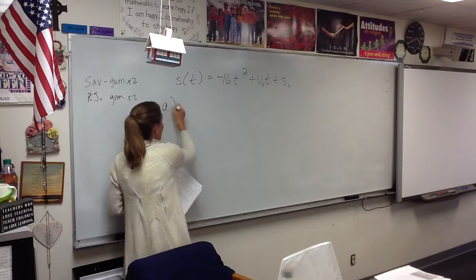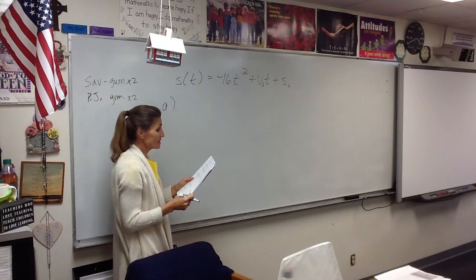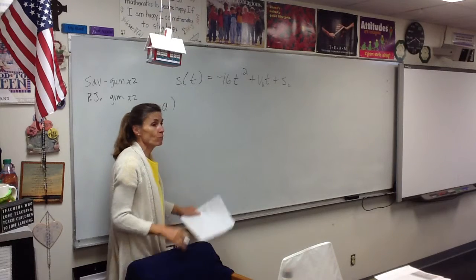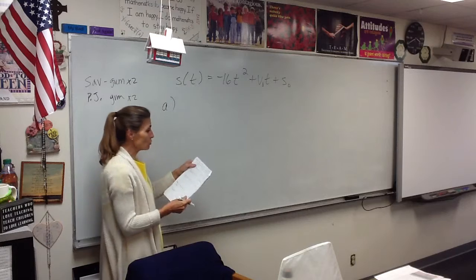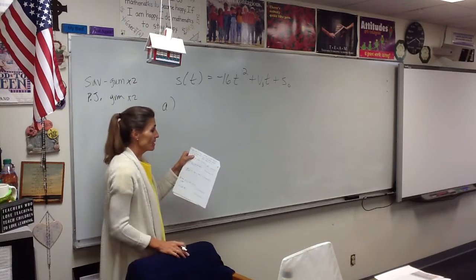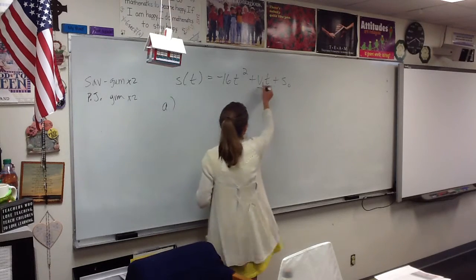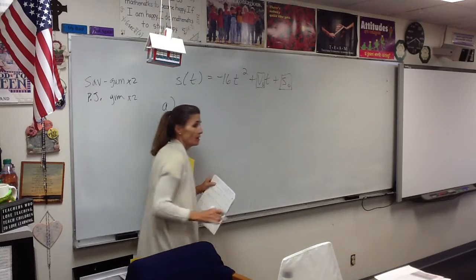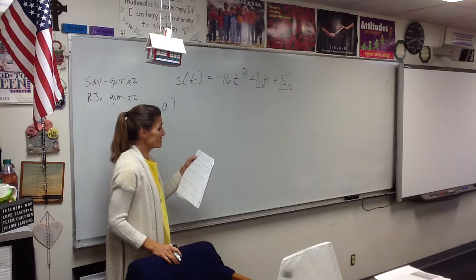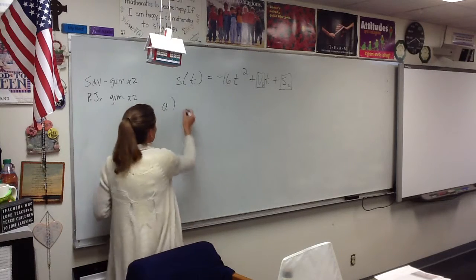So now we're going to do part A. It says, write the equation for this problem. They should have given you, in the reading, an initial velocity and an initial height. What is the initial velocity? 80.